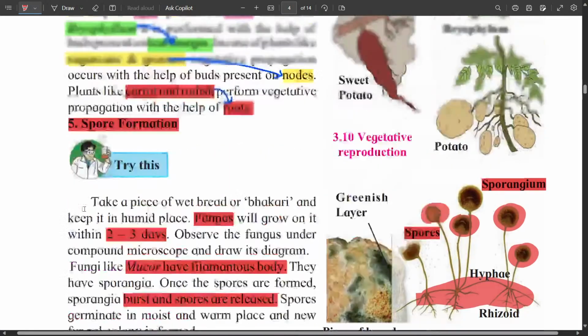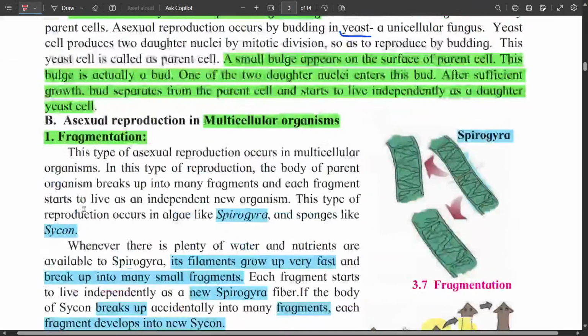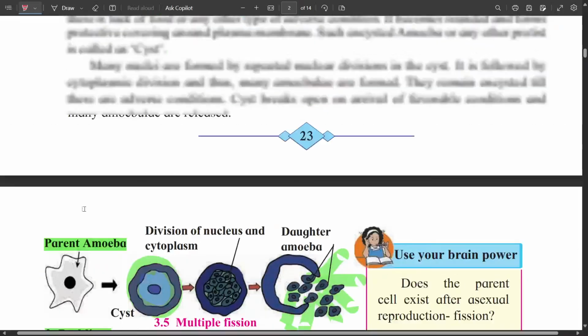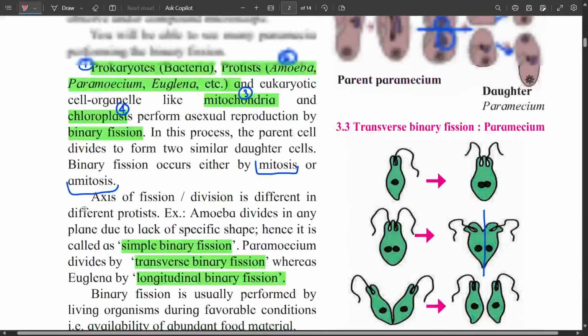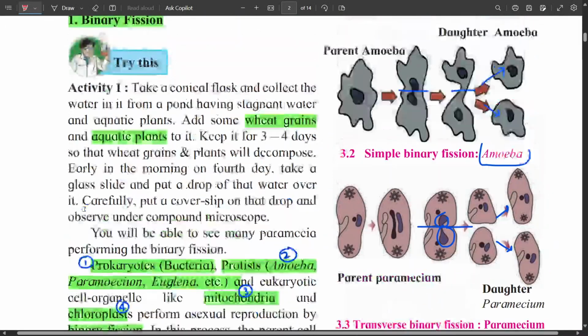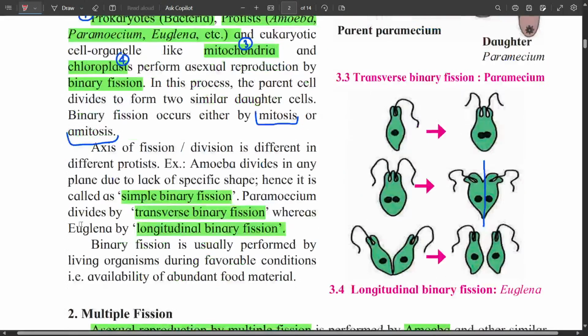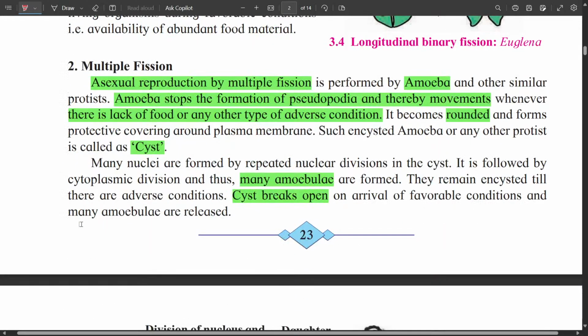So in this we have seen 8 types of asexual reproduction. First, in unicellular organisms, binary fission as in amoeba, then as in paramecium and euglena. Then multiple fission in adverse conditions, which amoeba use.